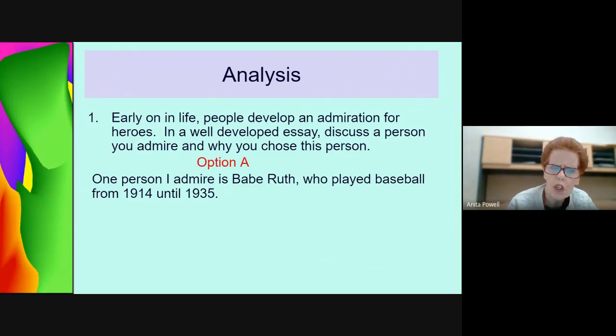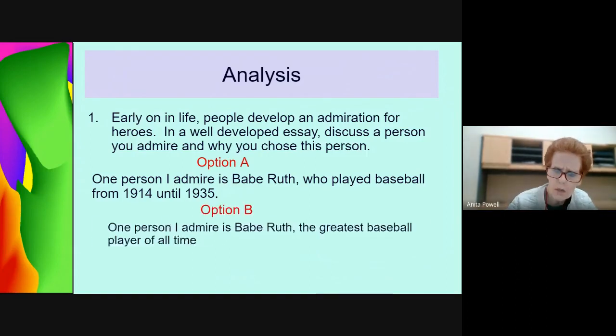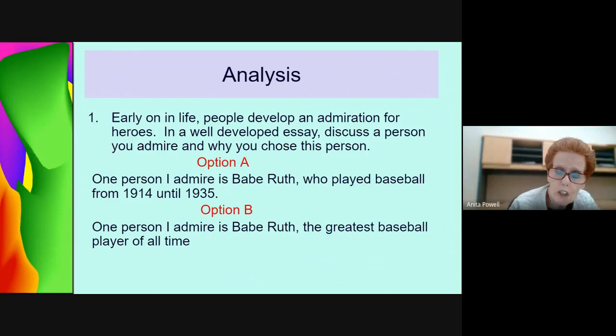You're asked to describe why you admire this person. Does this give us any indication as to why this person is one that you admire? Or option B, one person I admire is Babe Ruth, the greatest baseball player of all time. Which of these two is the best thesis statement? Let's see.